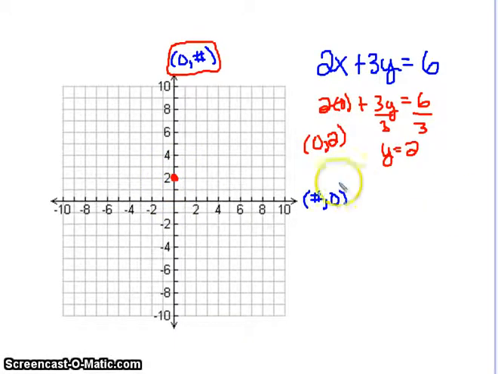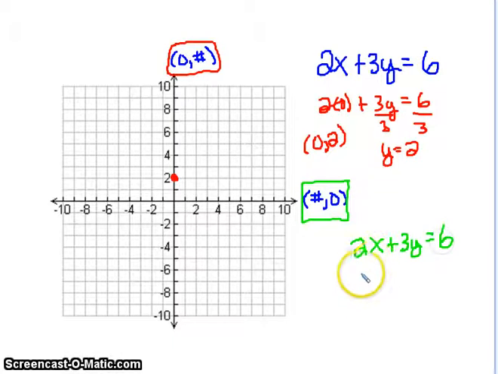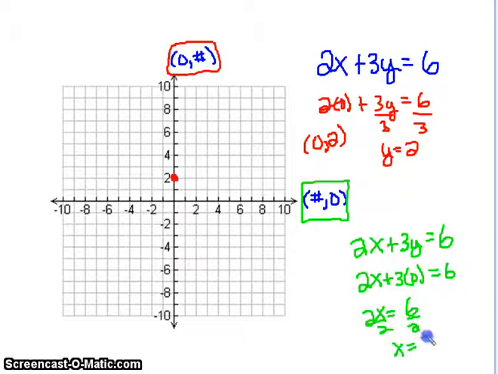If I want to find my x-intercept, we're going to have a 0 for y. So we will start with 2x plus 3y equals 6. And we have 2x plus 3 times 0 equals 6. So that gives me 2x equals 6. Divide by 2, and x equals 3. So 3, 0 is my x-intercept. And we can draw a line that way as well.